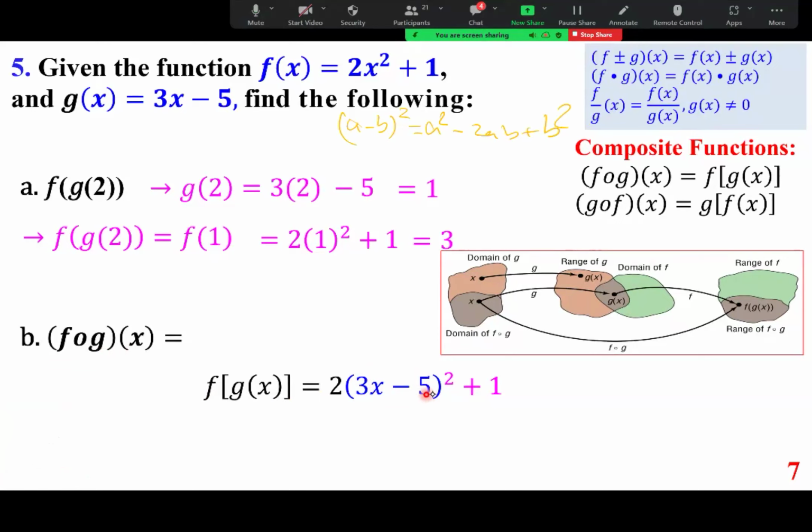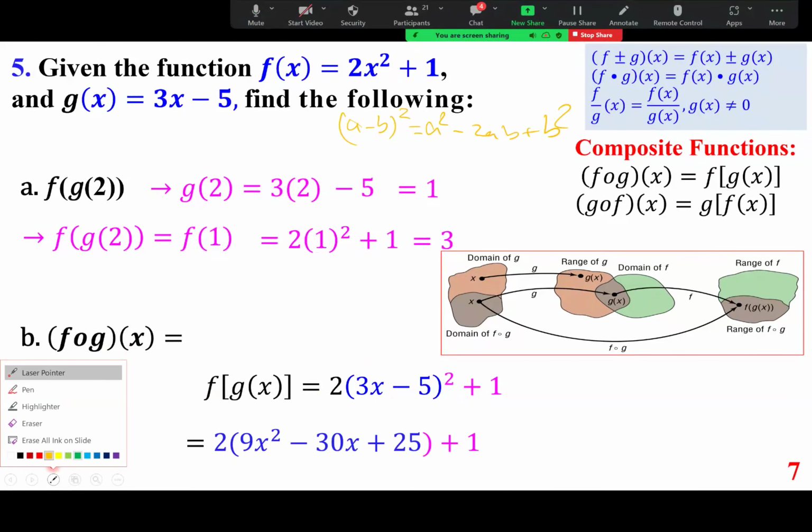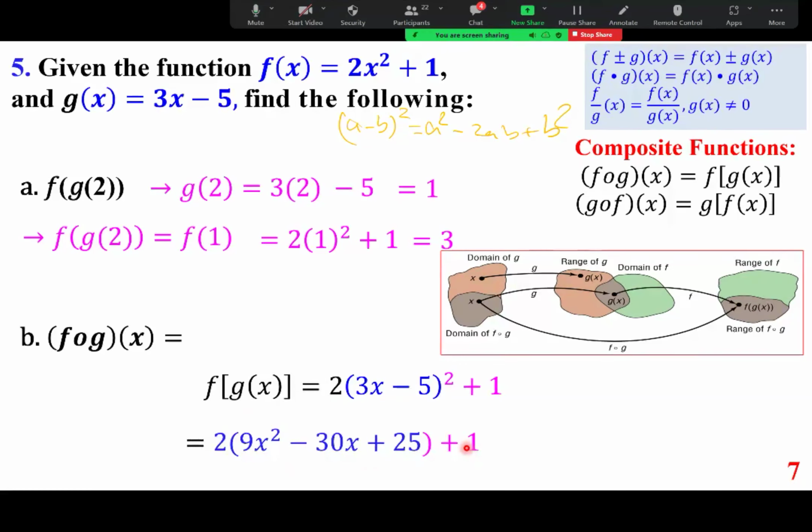And then this one squared is 25. Following that, 2 times 9x squared, 18x squared. 2 times negative 30, negative 60x. 2 times 25, 50 plus 1, 51.